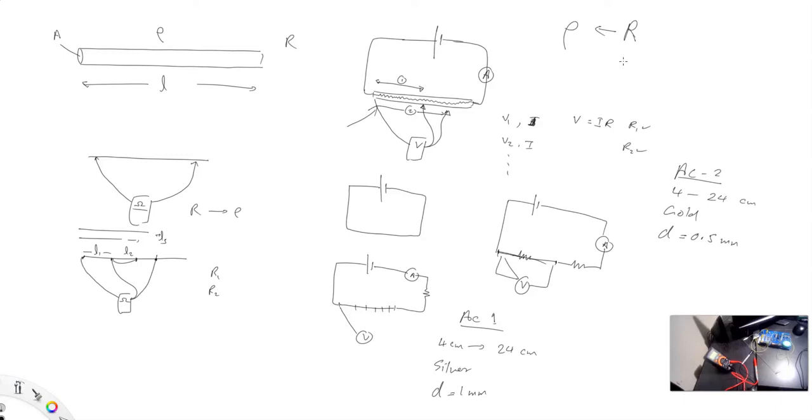But the whole point is finding the resistivity using the graph. You're not going to calculate it directly. Maybe use the slope of the graph to figure out the resistivity. Now, this part I'm not going to help you too much. I want you to give it some time, give it some thought, and try to figure it out.